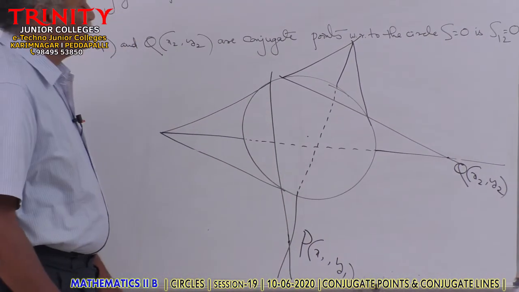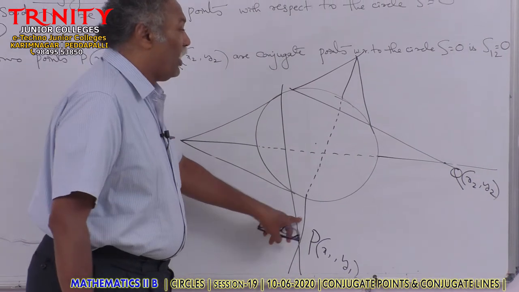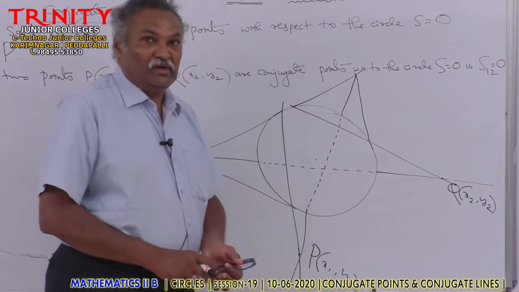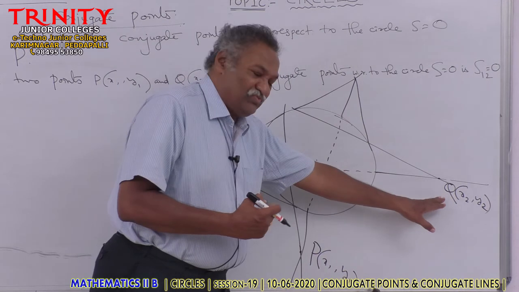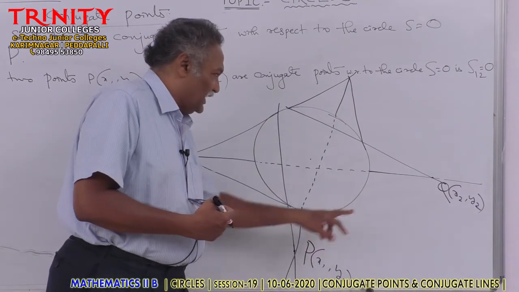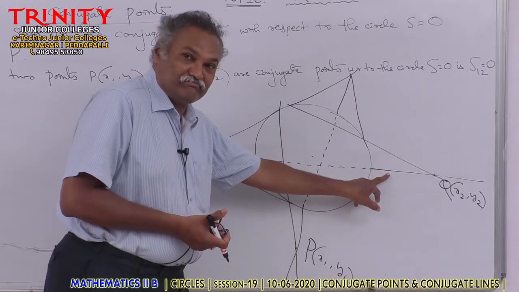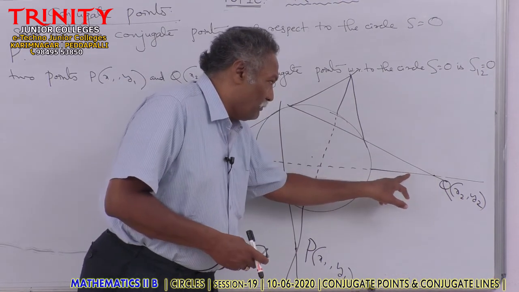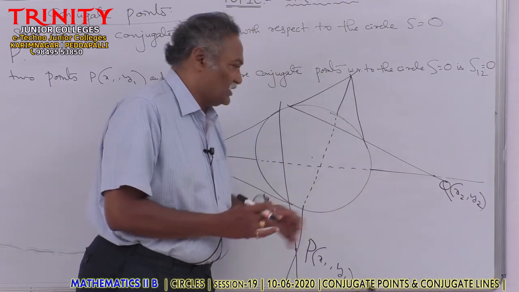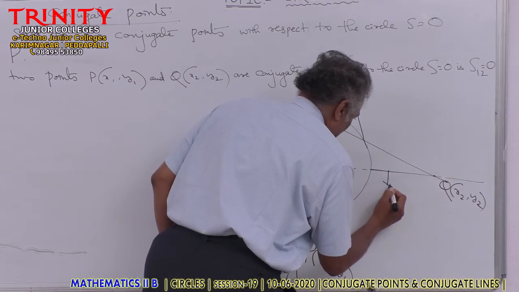Like this, it is the polar of Q. Here Q lies on the polar of P.